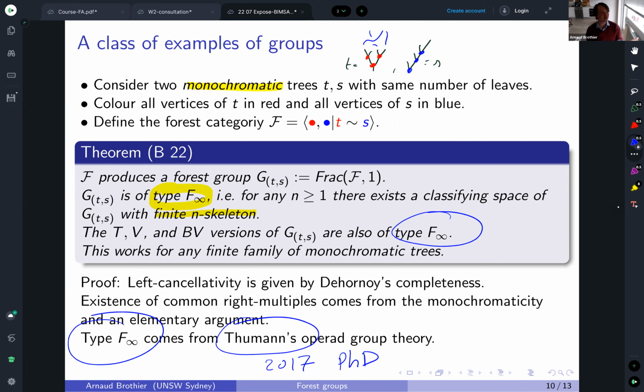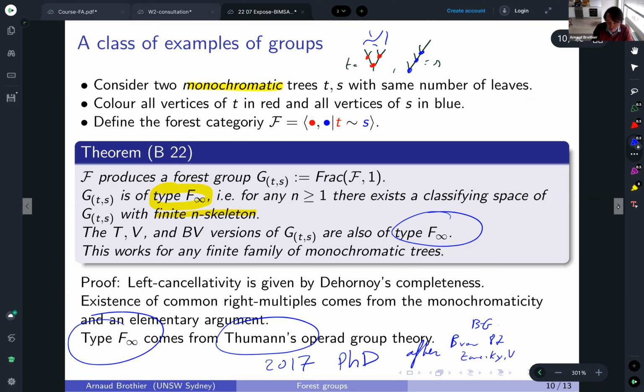So basically it came after Brown in 87, Brown, Geoghegan that I already cited, and a lot of people like Zaremski, Witzel, Nusinkis, there are so many people I cannot cite all of them. And so they managed to have more and more techniques.